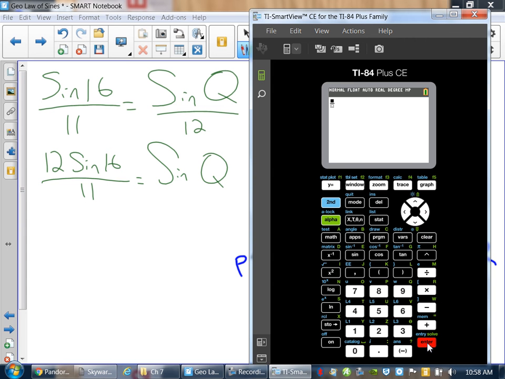Make your fraction bar: 12 sine 16 over 11. Hit enter. That crummy decimal equals the sine of angle Q. To get the angle Q, you just hit second sine of your answer. 17.50.